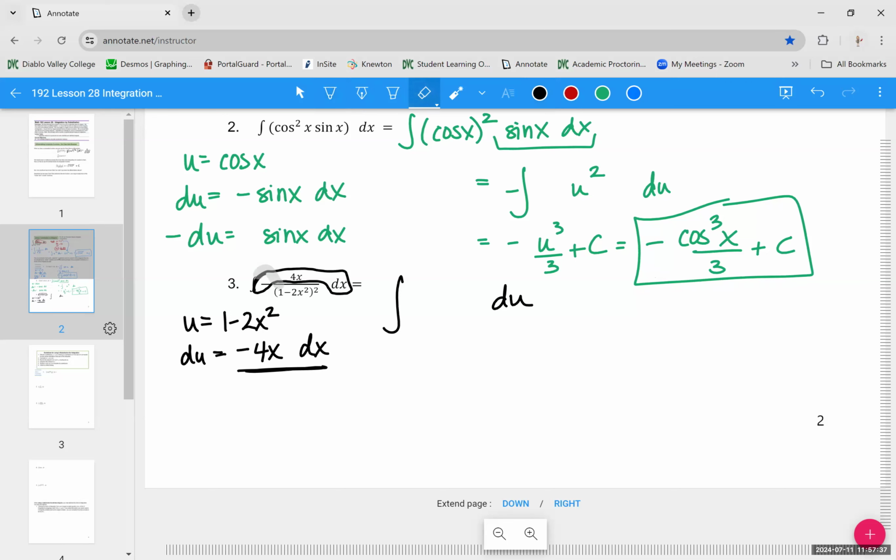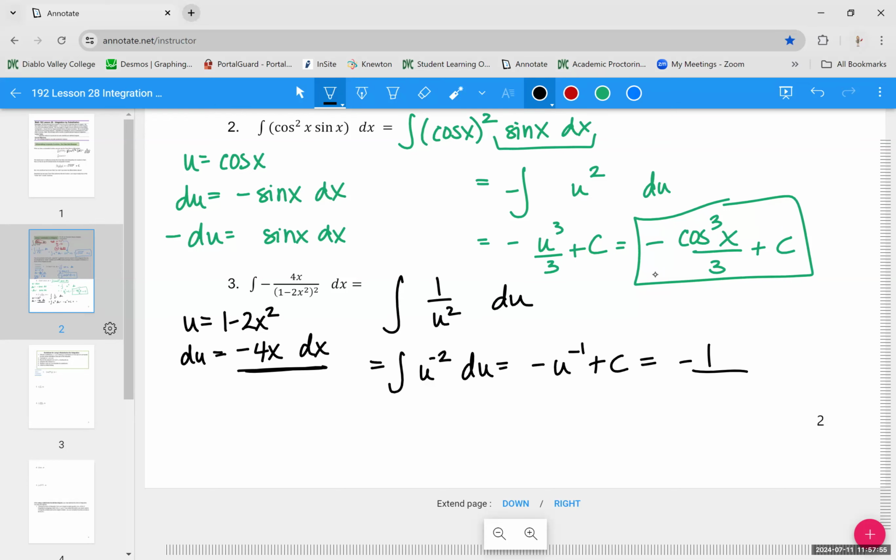And the rest of it, I have this u squared in the bottom, so 1 over u squared. Which means I'm going to anti-differentiate u to the negative 2. I add 1. So I'll have negative 1 over 1 minus 2x squared plus c.